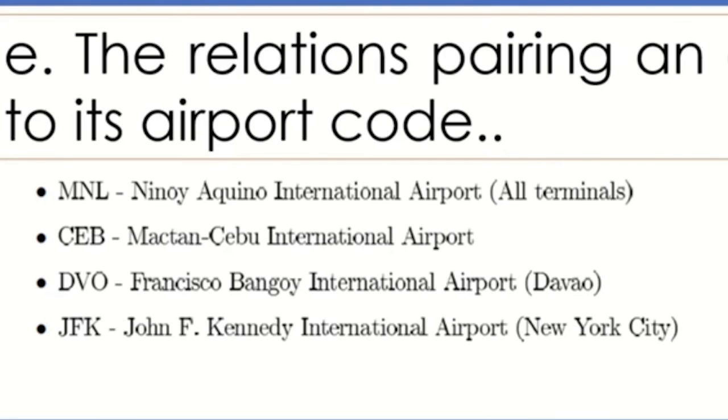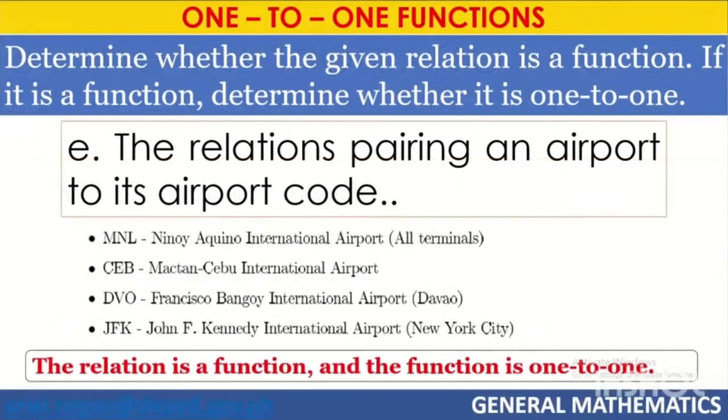So hindi pwede na yung code ng airport or airport code, hindi pwede siya sa ibang lugar. So dapat isa lang talaga yung code nila, airport code. So sa Manila, MNL, kung sa Davao, DVO. So ganon. So example number 2 is a one-to-one function.